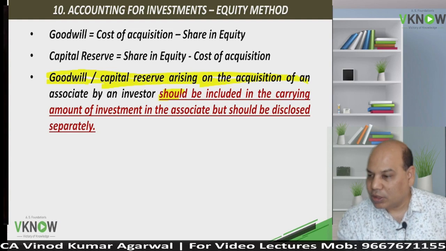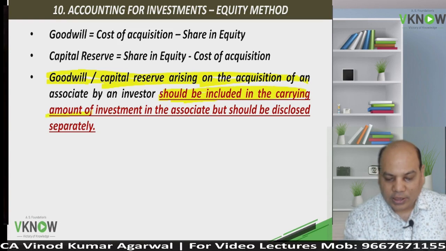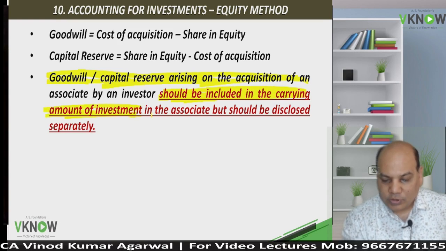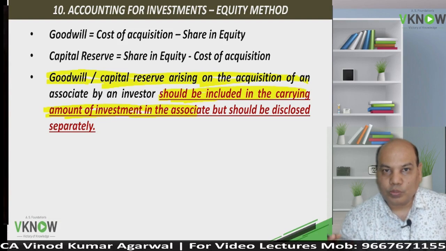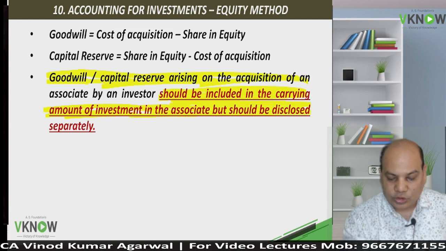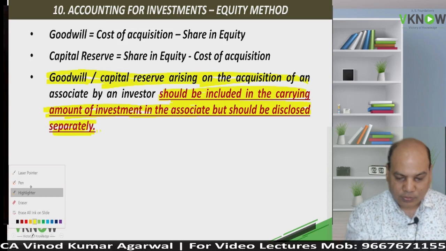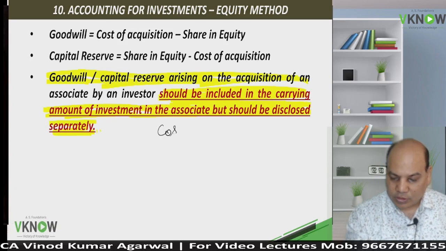I have underlined it, you can also underline; it's already underlined in the book. It should remain included in the carrying amount of investment, but should be disclosed separately. Now this is a very confusing line. What are they trying to say?